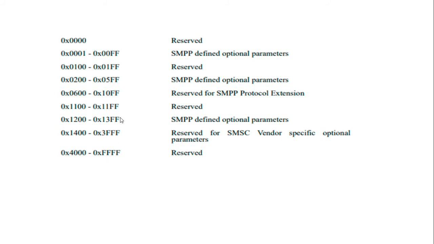This again is reserved. This range is also defined as SMPP defined optional parameters. These are for SMPP vendor specific optional parameters. If the SMSC wants to add something specific, then it can use this range. I mean, these are proprietary optional parameter tag values, and these are reserved.